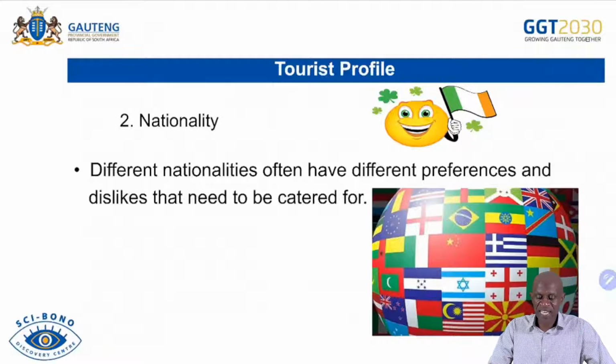We arise from different cultures, and we have our own likes and dislikes, preferences in terms of our beliefs.